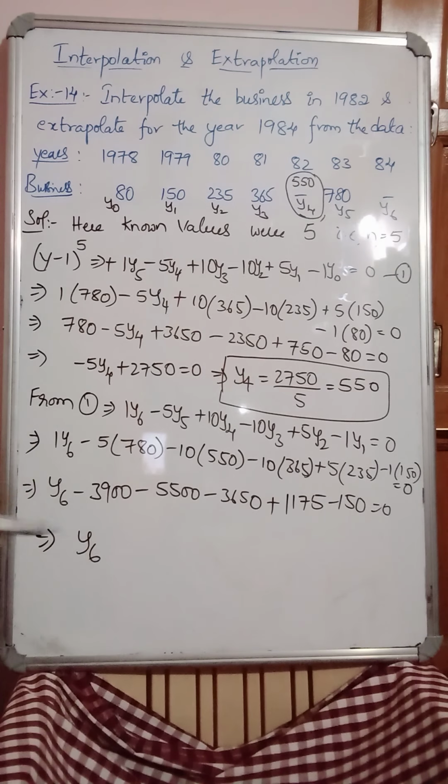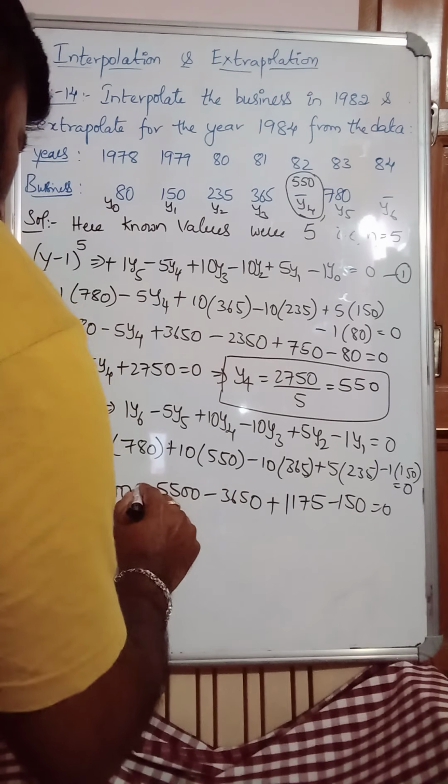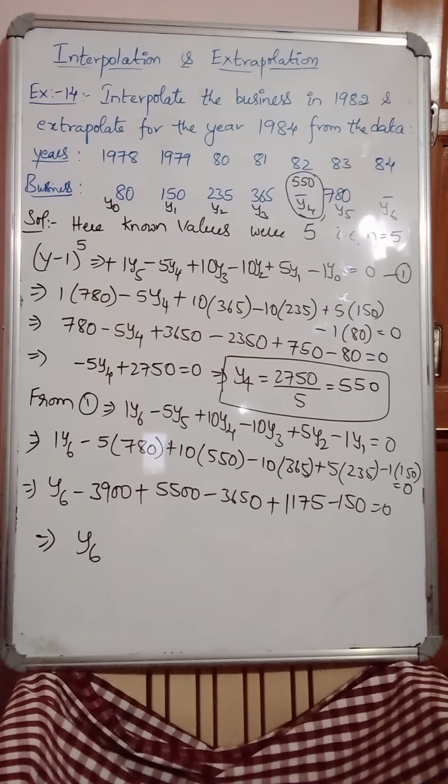Therefore, y6, simplify that one guys. Minus 3900 plus 5500 minus 3650 plus 1175 minus 150.